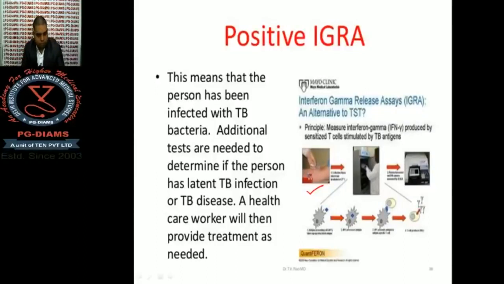Now why are we using this interferon gamma release assay? One is to know whether the patient is having TB or not. So before this interferon gamma release assay, that means previously, we used to do the tuberculin test to detect whether the patient is infected with TB or not.